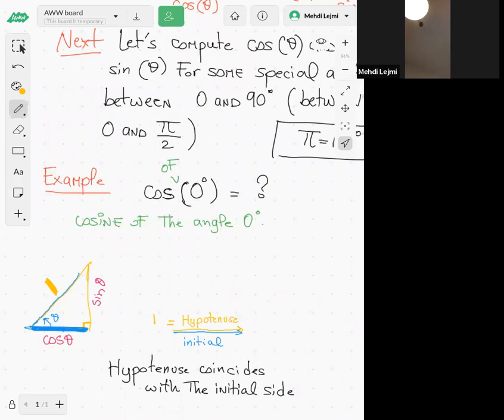So if the hypotenuse coincides with the initial side, and the length of the hypotenuse is 1, then the length of the initial side is also equal to 1, because that's equal to the hypotenuse.